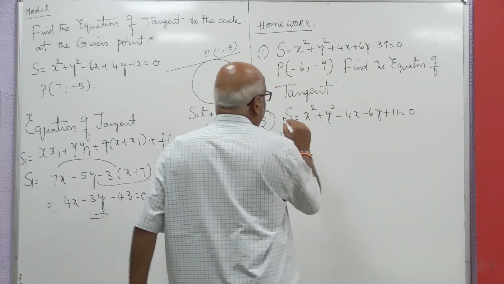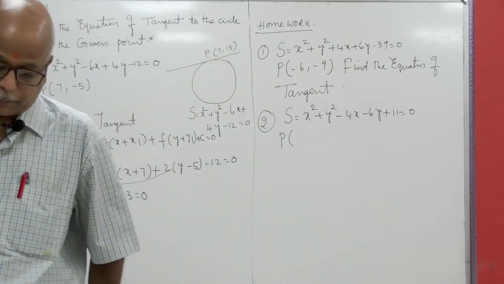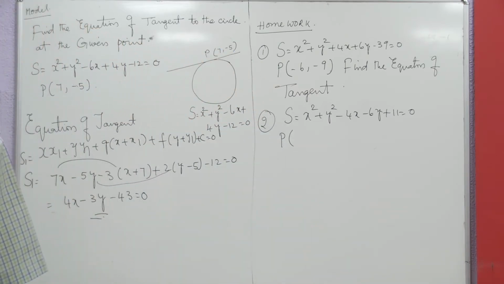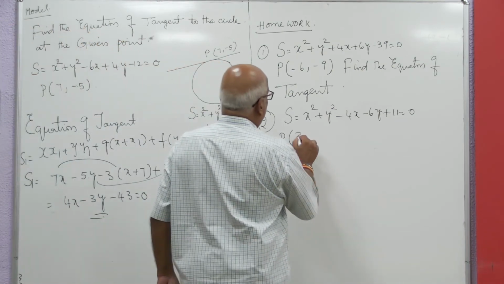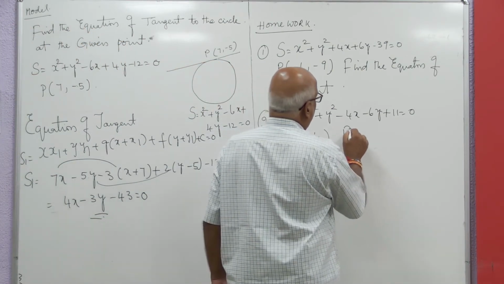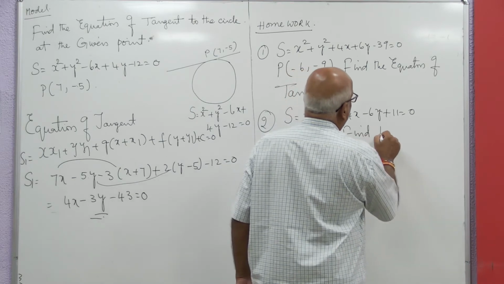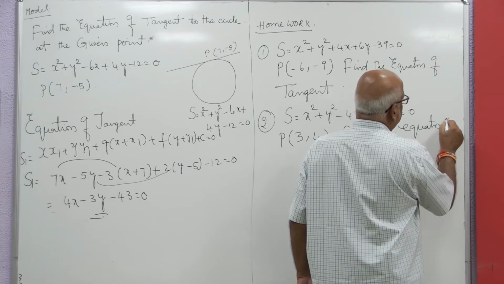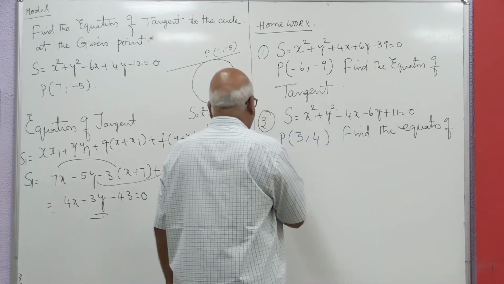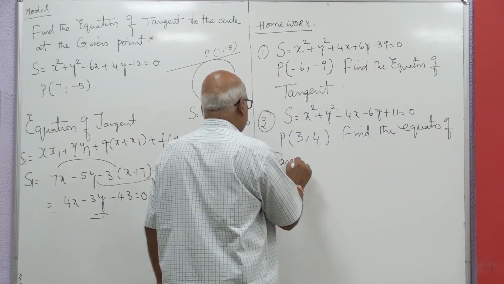The given point is 3, 4. Find the equation of tangent.